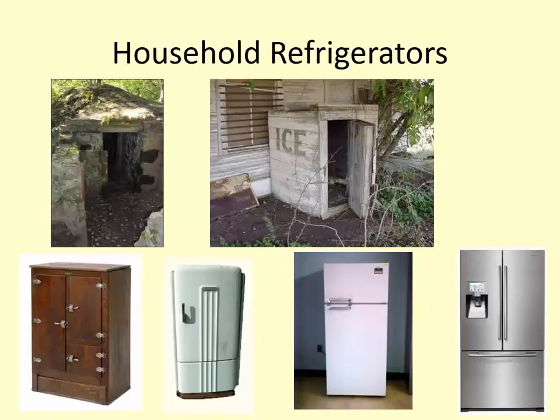Household refrigerators, you can see the evolution of the refrigerator, sort of. Back in the olden days before electricity, they used to just dig big storage places inside of a hill. That's what they used to keep things cool, like a root cellar.